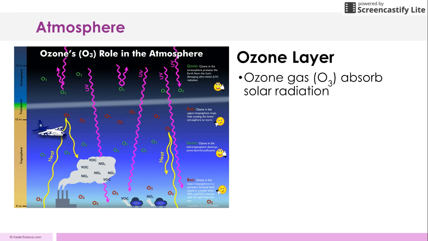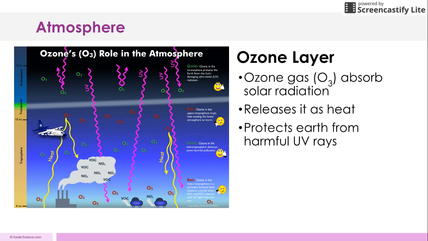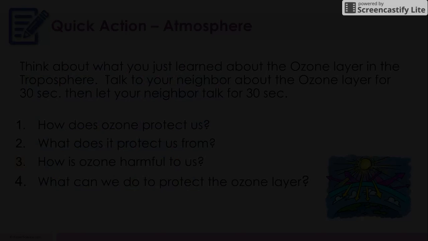All right, the ozone gas, O3, absorbs solar radiation, releases it as heat, and it protects Earth from harmful UV rays, which can cause skin cancer and are harmful to humans.